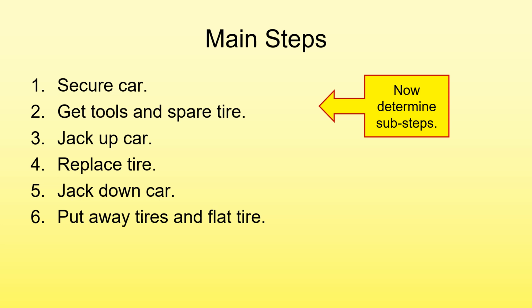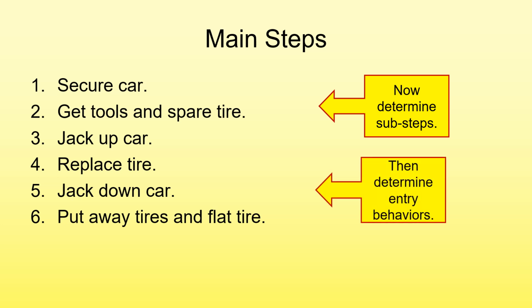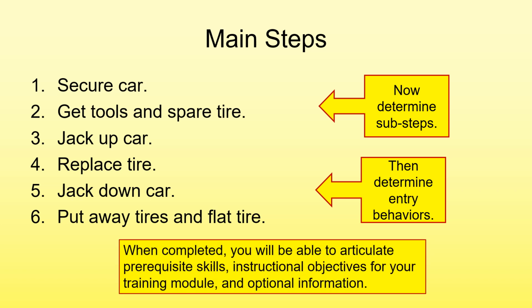Now, after we look at this very thoroughly, then let's determine what the entry behaviors are. Do people already know that they have to get the car off the road to a safe location? Well, maybe we don't have to teach that. What are the things that we have to teach? What are the things that we don't have to teach?